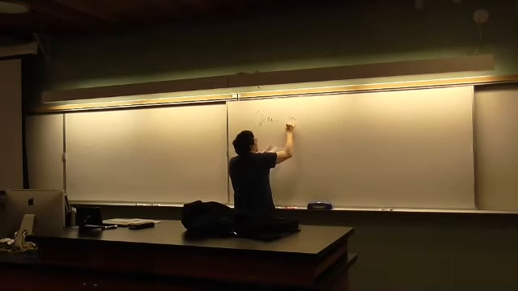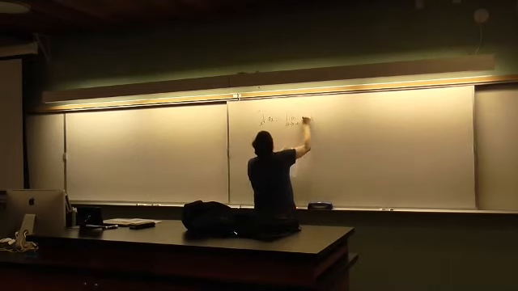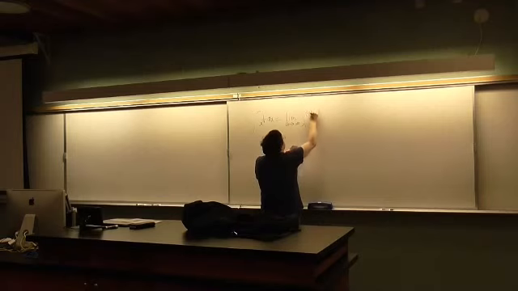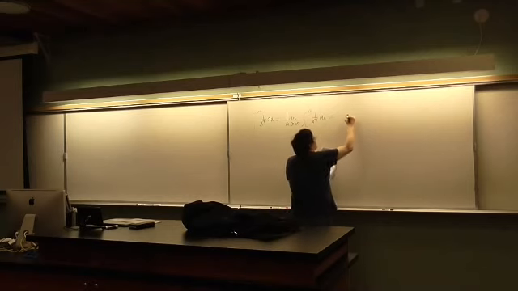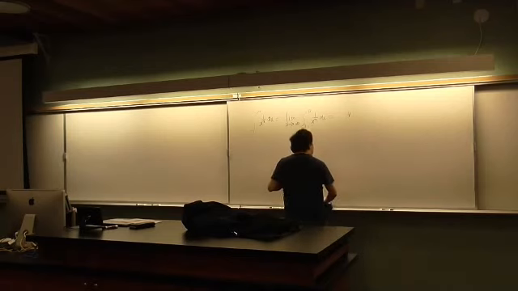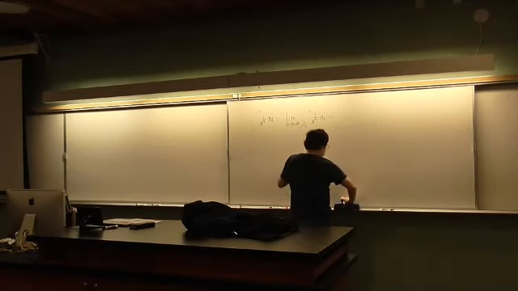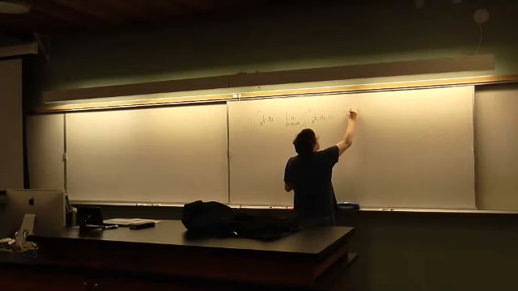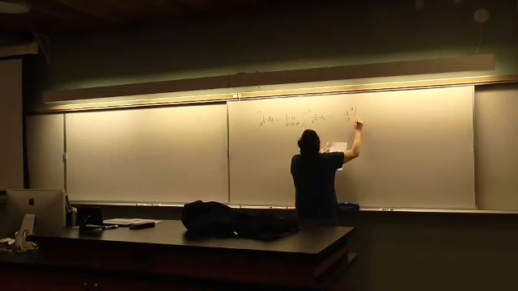The limit as a approaches infinity of the integral from 1 to a of 1 over x to the 4th dx equals x to the minus 3 over minus 3, from 1 to a.